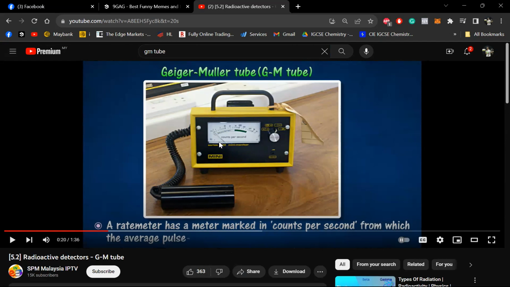But if you go to a very radioactive site, for example when Hiroshima and Nagasaki got bombed, this GM tube will spike like crazy, and the reading will go all the way up. So this is called a GM tube. You don't need to remember the full name, you just need to remember it's called a GM tube.